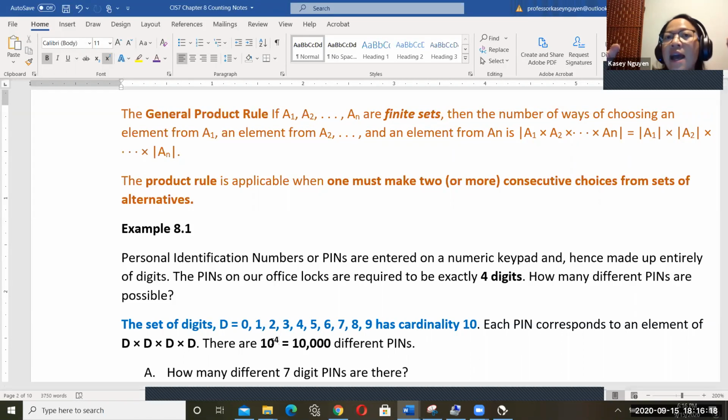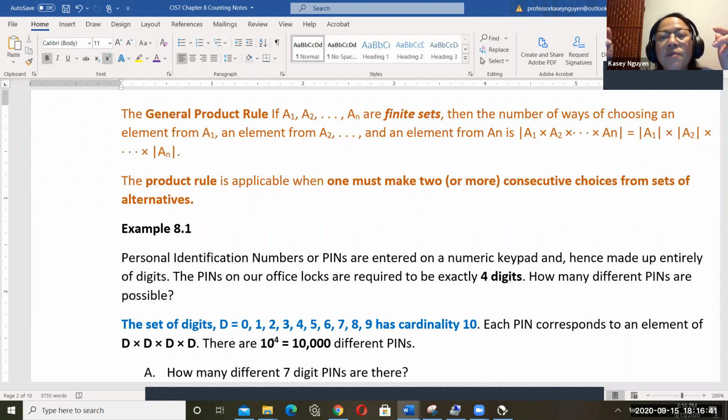Once we select the item, if we cannot select the same item again, then we reduce it by 1. Like at the restaurant, they tell you to choose an entree and a dessert, right? But you can only select that entree option once, and the dessert option once.